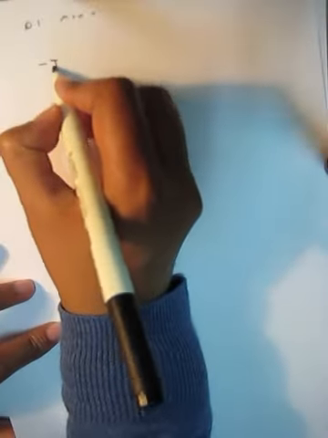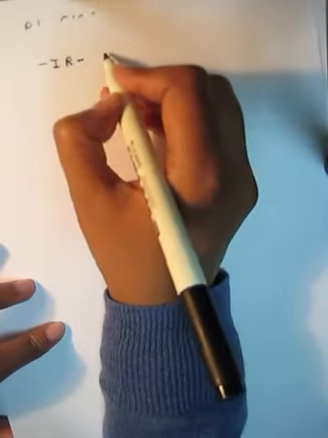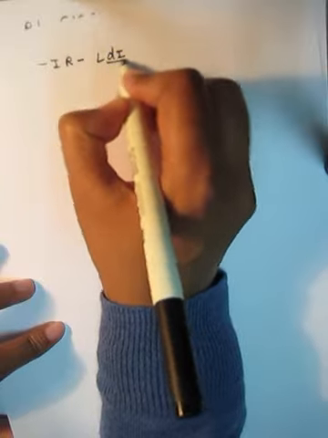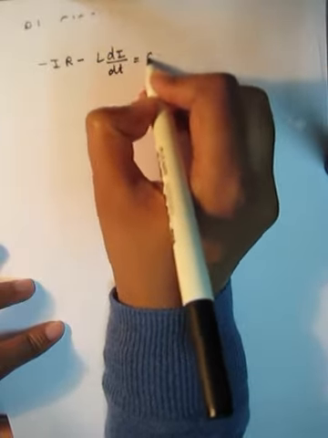So we have this equation, minus IR minus L di upon dt is equal to 0.